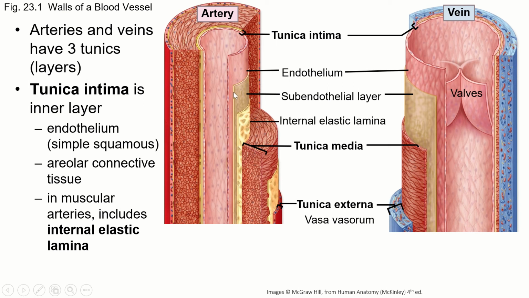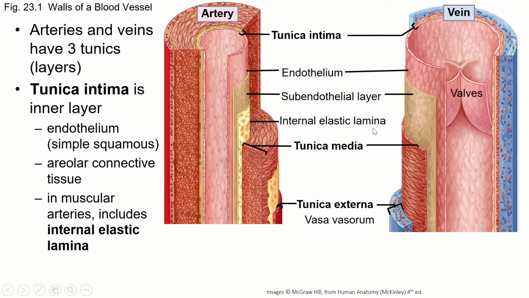There's also a subendothelial layer of areolar connective tissue, just to give this tunica intima a little bit of shape. And then in the larger muscular arteries, and I'll explain in a moment what I mean by that, there is this layer called the internal elastic lamina, and that's this layer shown here. Lamina just means layer.